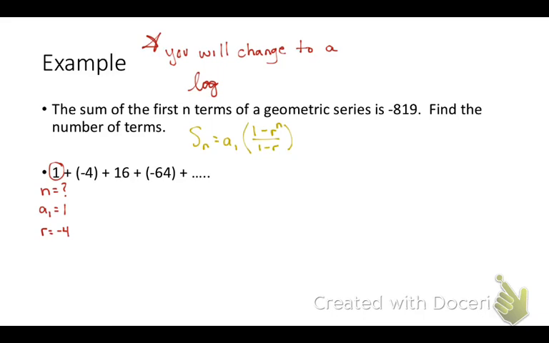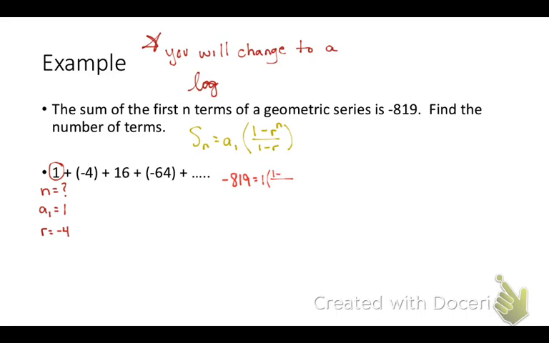So what number goes in for S sub n? The negative 819, right? What goes in for the a sub 1? 1. In the fraction, what goes in for the r? -4.